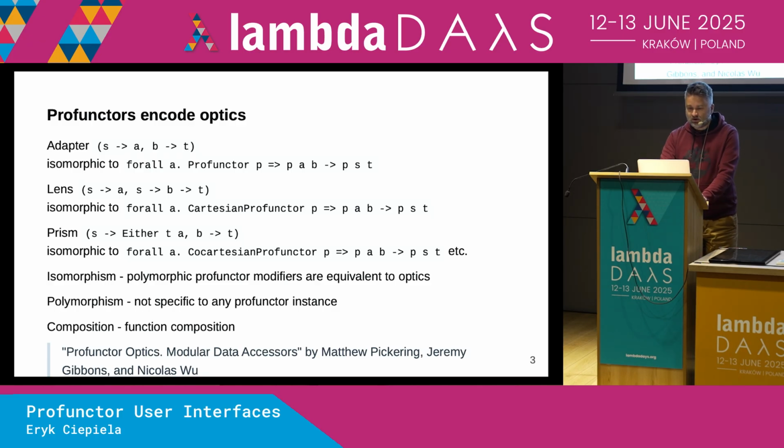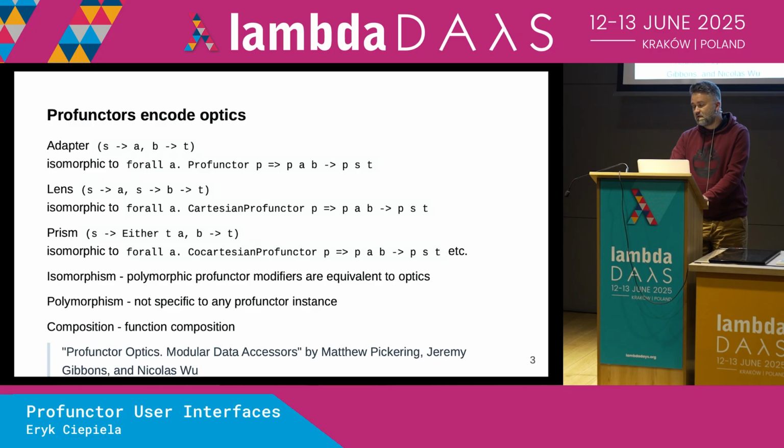Okay. So Profunctors are very useful. For example, they can encode optics. There is an isomorphism between the explicit encoding of optics such as adapters, lenses, prisms, and something I call polymorphic Profunctor modifiers, which are basically functions from P A B to P S T for an arbitrary Profunctor P. It's worth noting that this is a polymorphic function, so we can rely only on the methods from the Profunctor type class, and we cannot use any specifics of the underlying Profunctor.